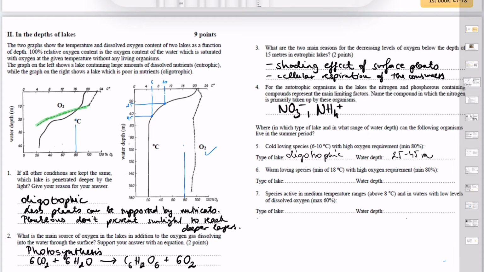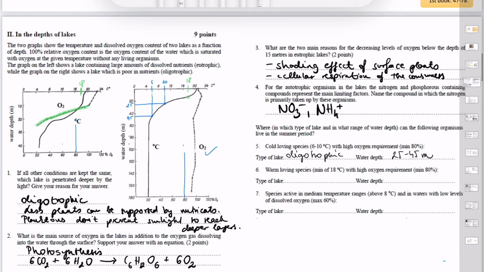Warm-loving species, minimum 18 degrees Celsius with high oxygen requirement, minimum 80%. Okay, I use a different color. So minimum 18 degrees Celsius. So the temperature should be observed somewhere here and then somewhere here. And I know that the oxygen requirement is always higher than 80% in case of the second graph.